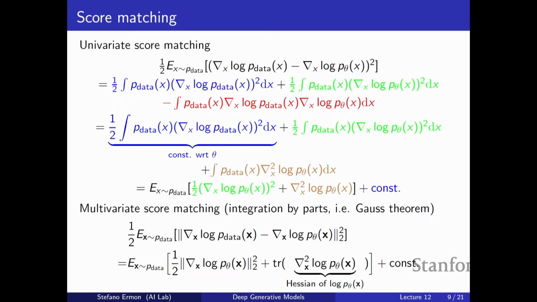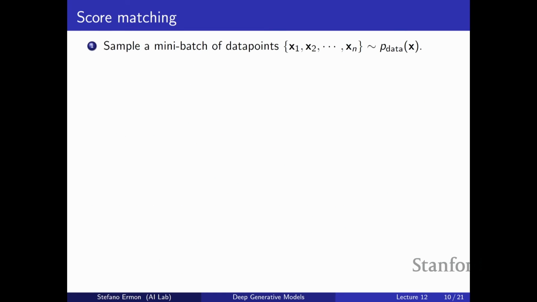And so that's how, using the same derivation with integration by parts, you again write it down in terms of a quantity that no longer depends on the score of p data. And that's an objective function that we can now optimize.